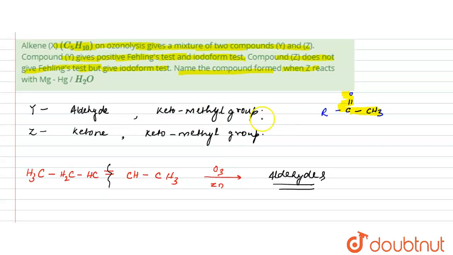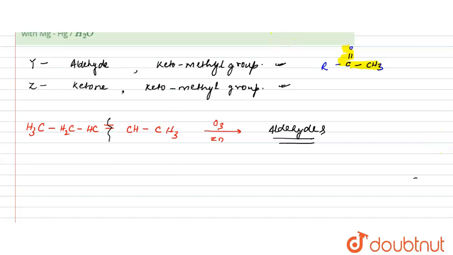But according to the question, after ozonolysis one compound should be an aldehyde and the other should be a ketone, not both aldehydes. So for that you need to take the compound in such a way that it has a methyl substituent. You can take it like this: CH double bond C, and here CH3 and here CH3.